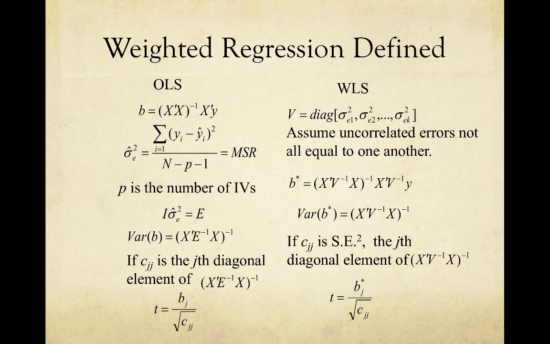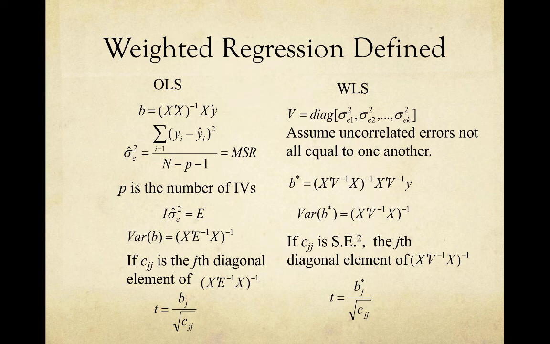If you look at the regression weights B star, it's the same thing except that we've inserted this V inverse matrix. So we're going to have inverse variance weights here, just like we did in finding the mean in the Hedges tradition.